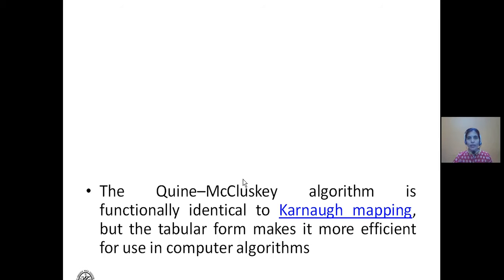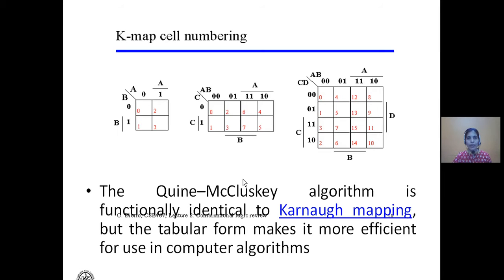Actually, this method is functionally similar to that of the K-map technique. However, instead of representing the min terms in the form of a graphical interface, this technique utilizes a tabular form for reduction. So if we have a two variable K-map, we would require 4 squares to represent the 4 min terms.